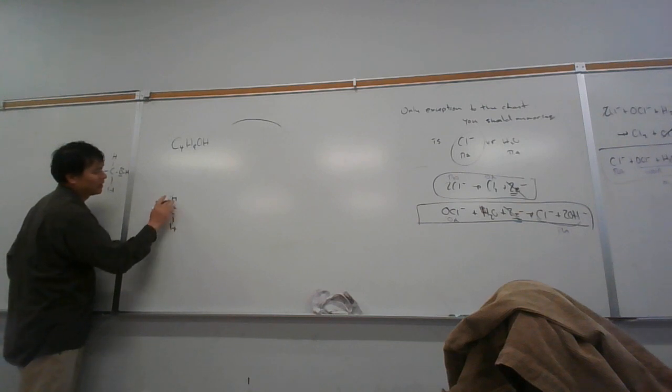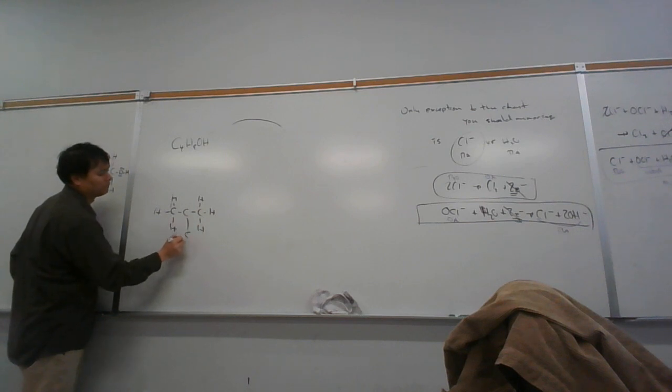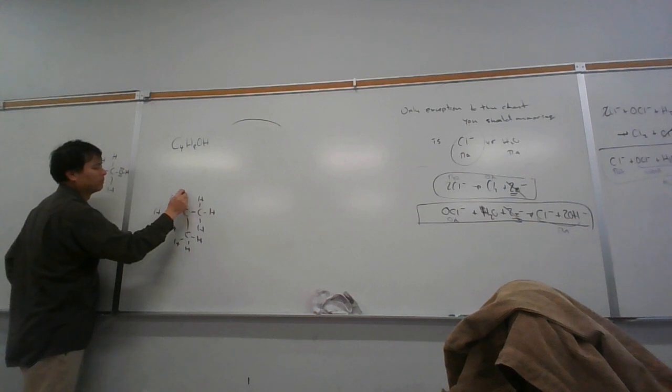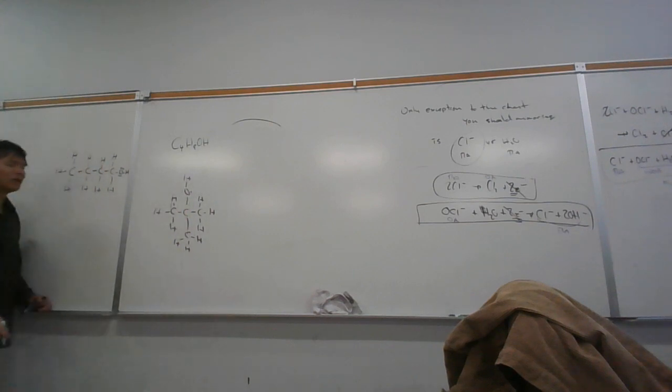This is what you do in organic chemistry. You draw out all the potential isomers for this. So for example, could this be it here? Is that C4H10O? C4H9OH?